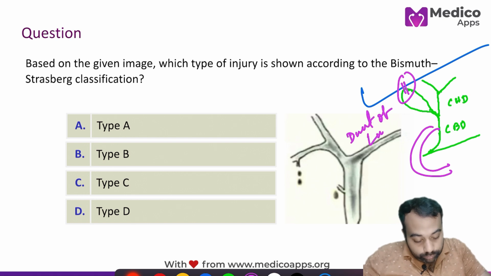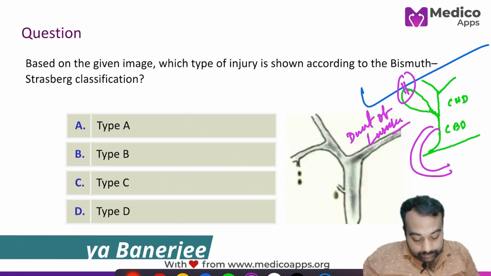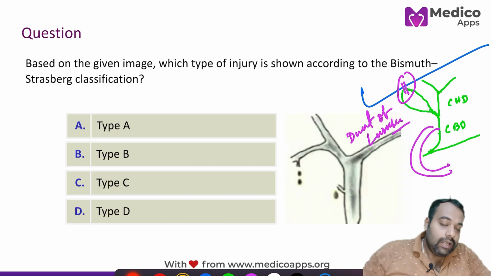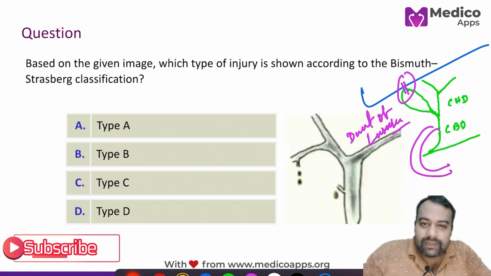Duct of Luschka. Okay. Now there is another aberrant anatomy present, which is the aberrant right hepatic duct. This aberrant right hepatic duct drains the posterior segment of the right side of the liver, specifically segments 5 and 6.